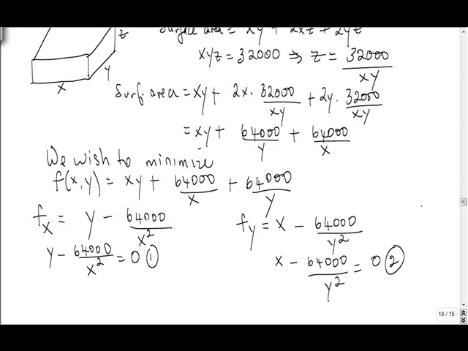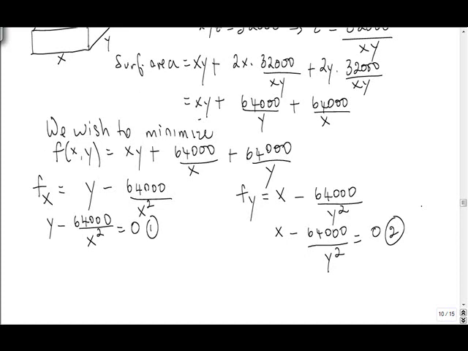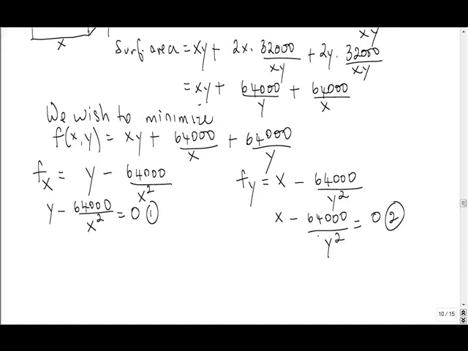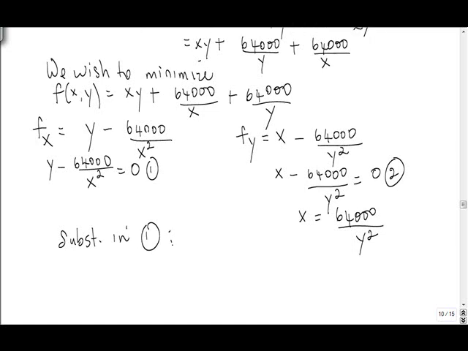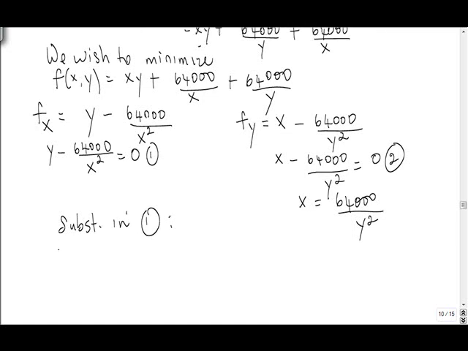So you know, we need to do some substitution here. So what I'll do, I'll solve for x here and put it into here. Okay? So x is equal to 64,000 over y squared. Substitute in 1. We could have done the other, but it doesn't matter.